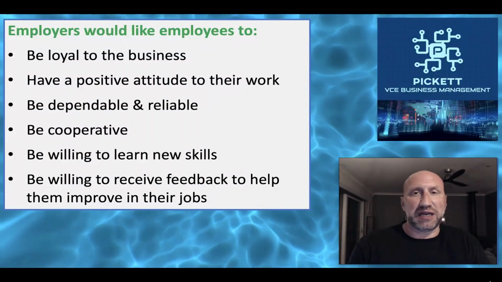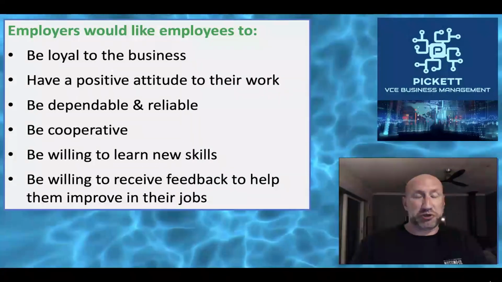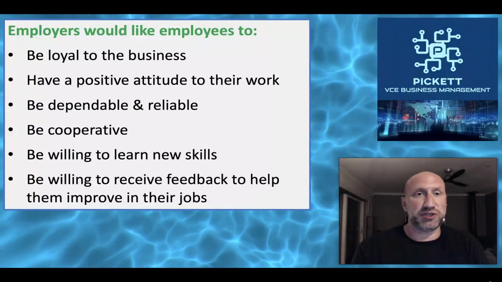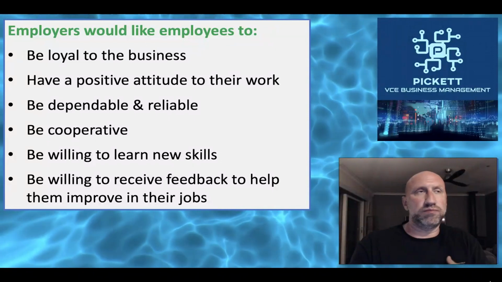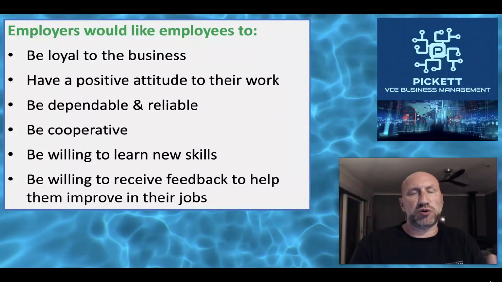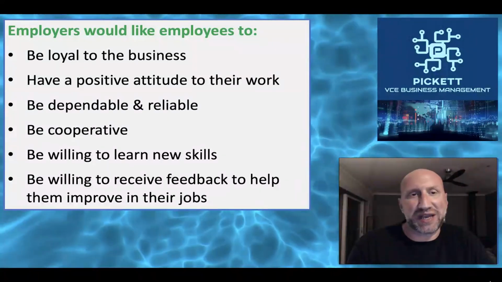So look, basically, looking at a real snapshot, if we were answering this whole key knowledge dot point in one snapshot, think about this. If you were running a business, what would be your minimum expectations of your employees, or what would you expect from your employees? That's really what we're saying here.